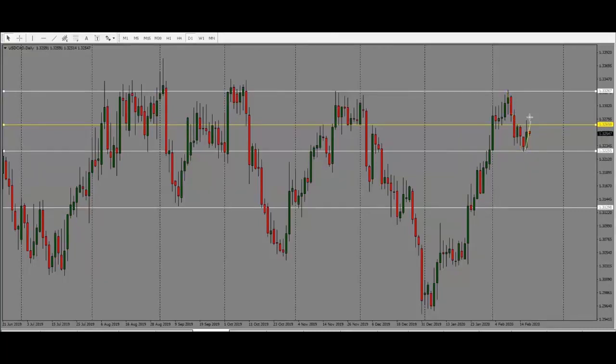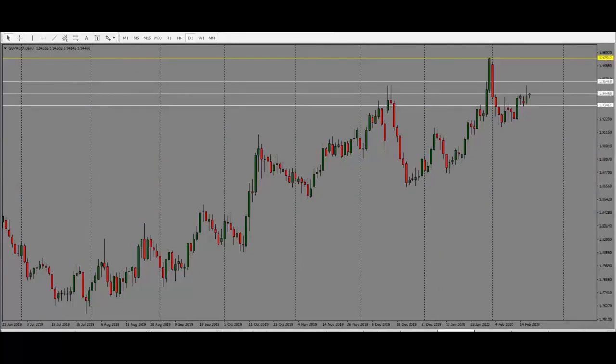On the other hand, if it goes through the high or through 1.3270, then we're likely to see a further move to the upside. So at this point, bias is bullish, but with caution here, because if it holds below 1.3270, it could just as easily come down to 1.3220. So for now, bias is bullish, but with caution.